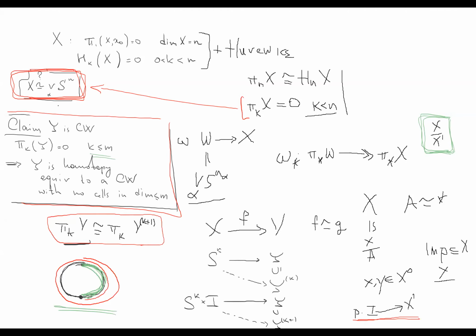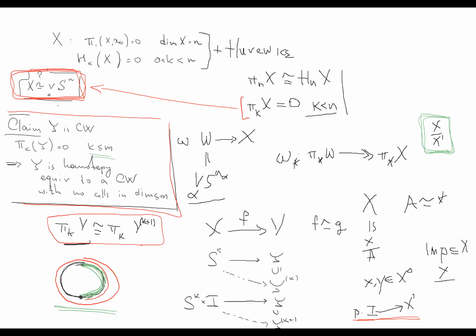So it has to be exactly this wedge of n spheres. Of course, if our CW complex consists of only one 0 cell and some n cells, then it is just a wedge of spheres.